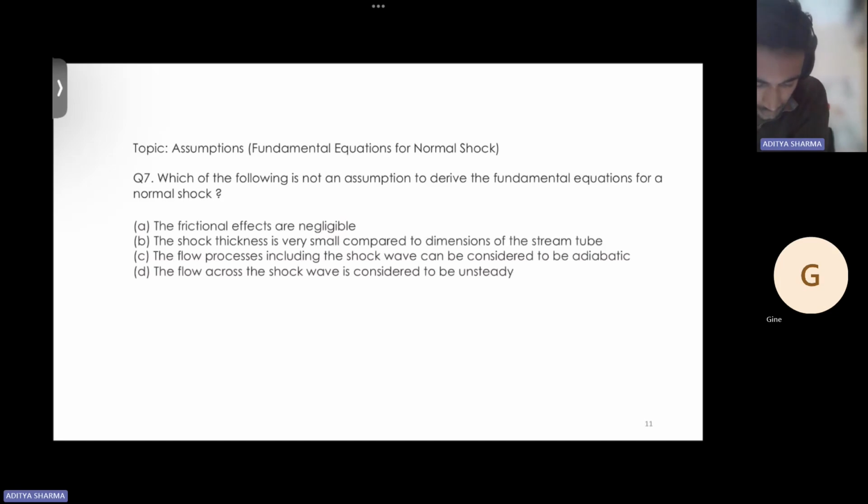So just go through these four lines and let me know which one is not an assumption for the fundamental equations of normal shock.